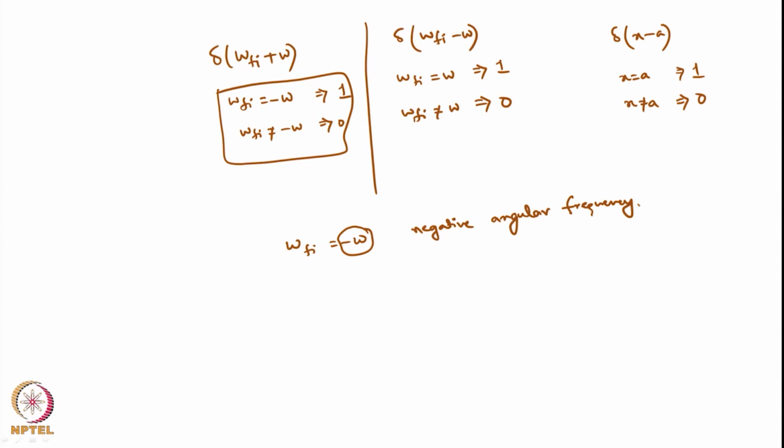One way to look at the negative angular frequency is emission of light. When you go from top to bottom, that is Ei to Ef, one can think of the frequency to be positive, and this will correspond to omega Fi, and when you go down, this will correspond to minus omega Fi. So when the frequency is negative, it simply means it is a case of stimulated emission.